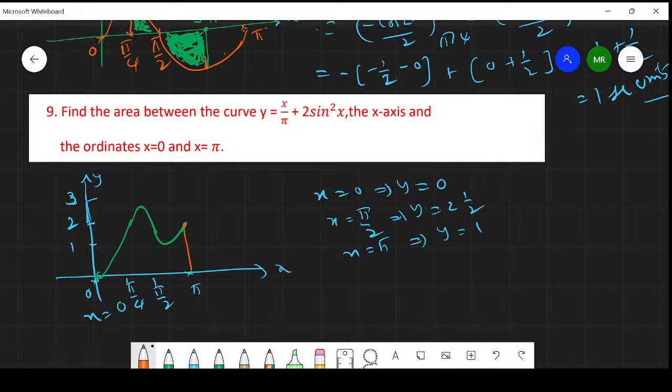At pi, that value is 1 only. Correct? Roughly it comes like this, value 1. So this is the required area.